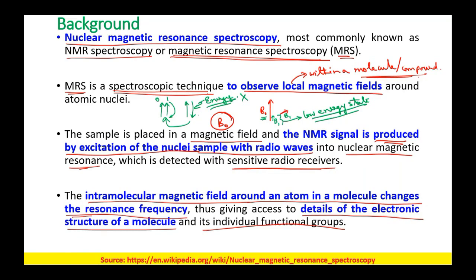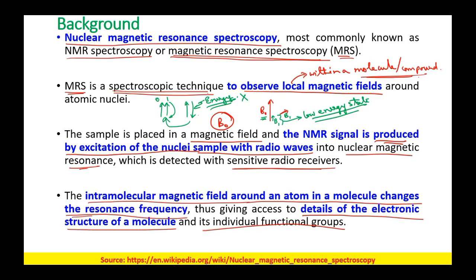In this case, we are supplying some energy. Now when we remove this energy, they will again be in the same direction. So the magnetic vectors would be in the same direction.